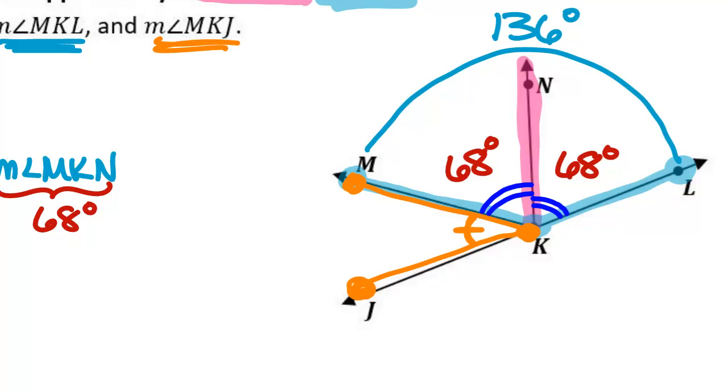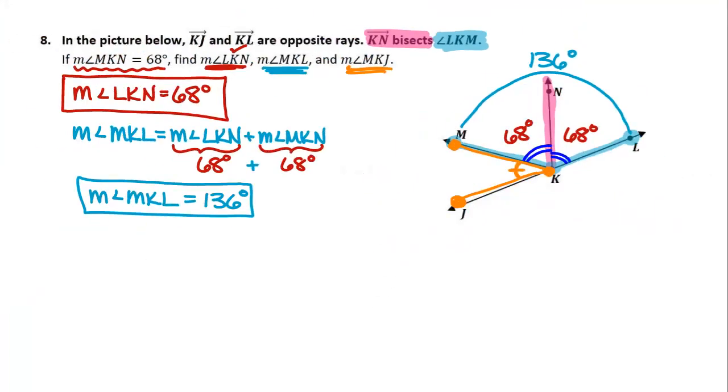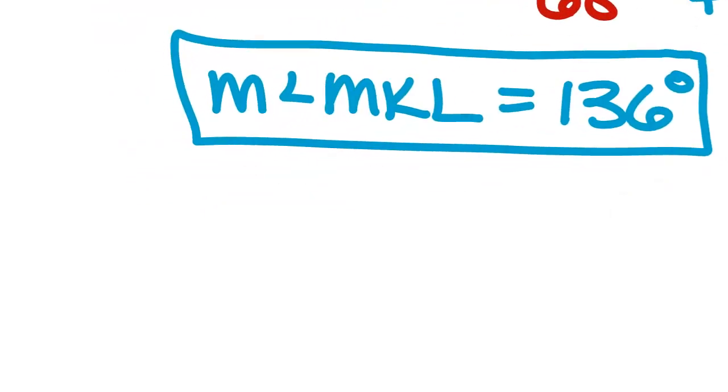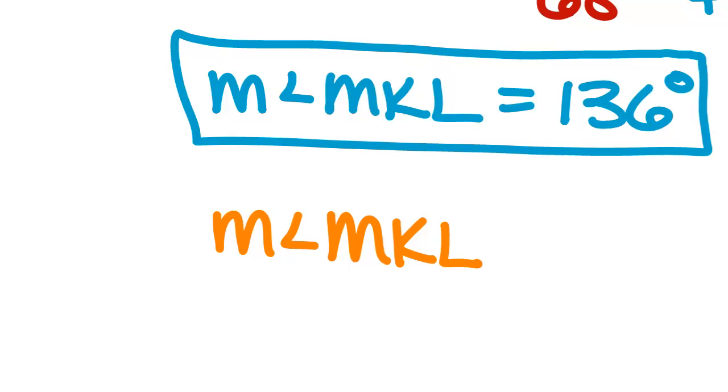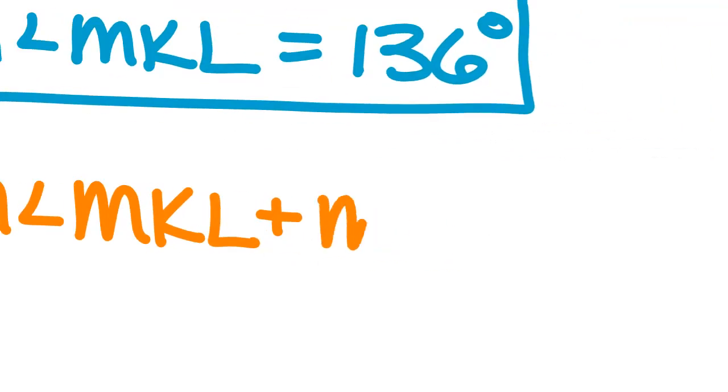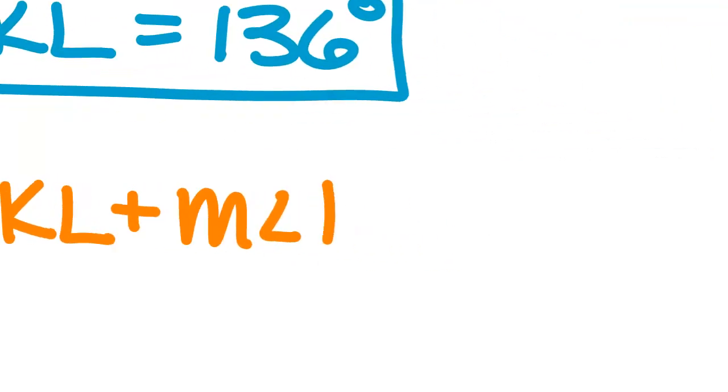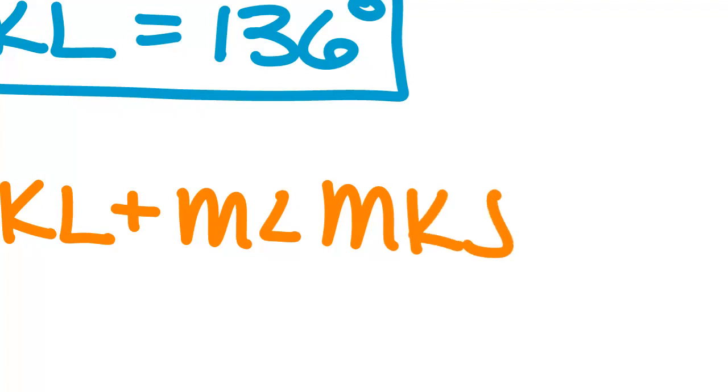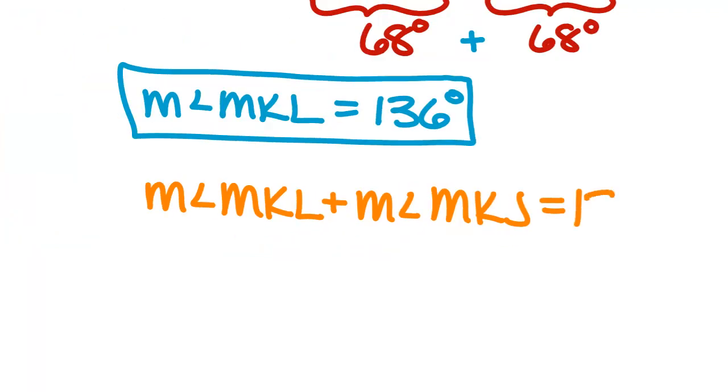Starts with an L. A linear pair. And linear pair angles add up to how much? 180 degrees. So the measure of angle MKL plus the measure of angle MKJ is 180 degrees.